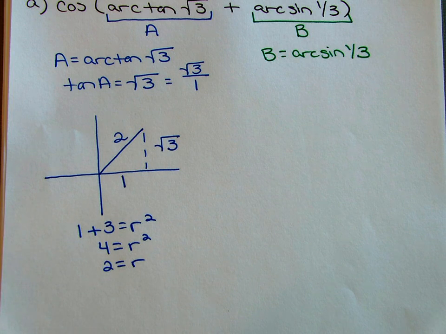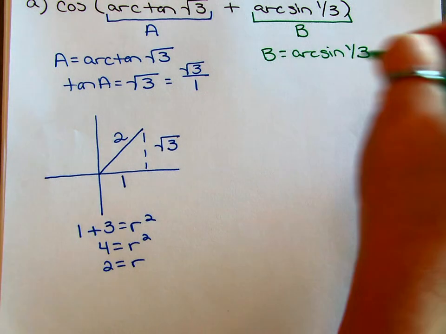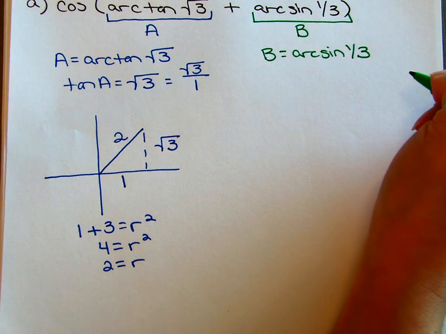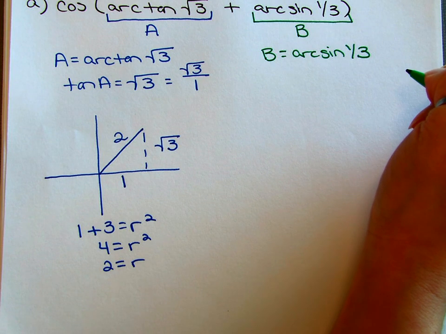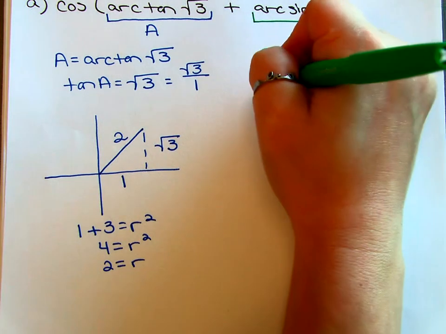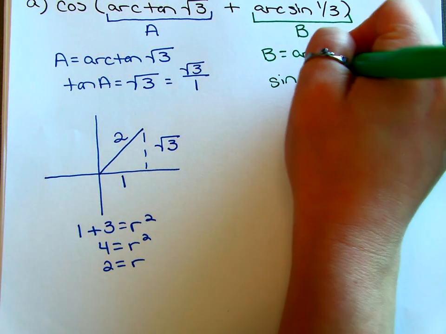Because if B equals the arcsine of 1/3, then I can write that in terms of sine, and what will it say? Sine of B equals 1/3, exactly.